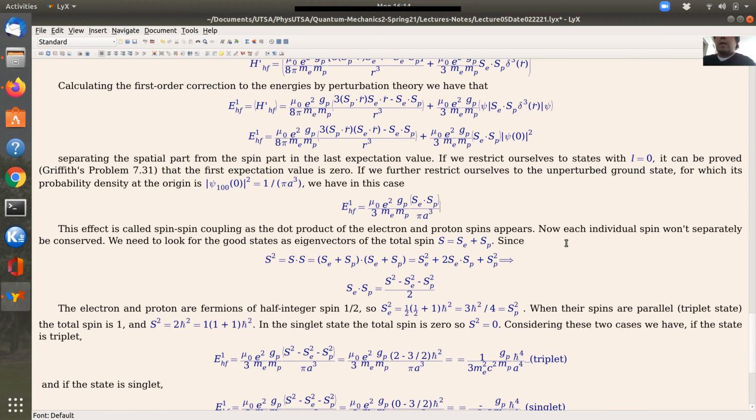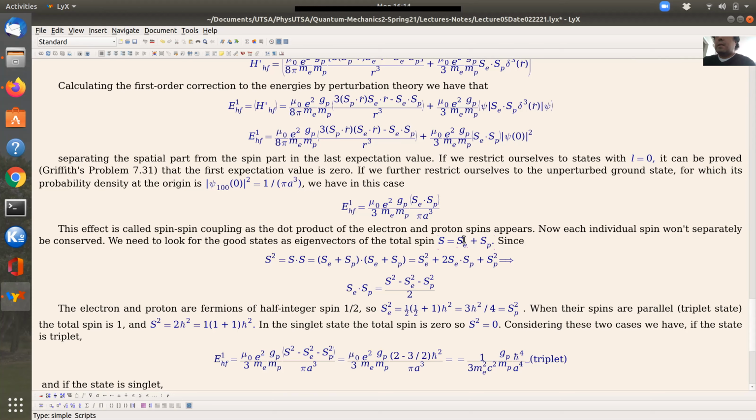And the same consideration that we had before applies, where each of the individual spins is not conserved, but what is conserved is the sum. So basically, the good states are going to be related to the total spin S, which is the sum of the spin of the electron and the proton.